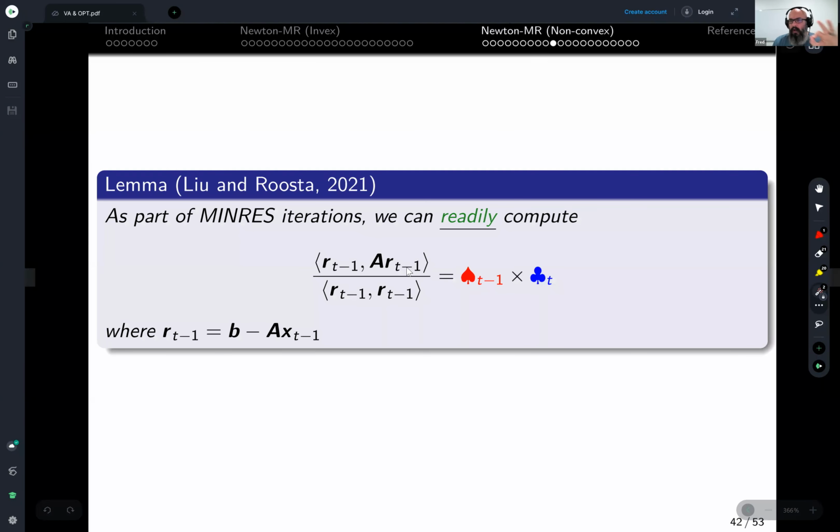It turned out that the quantity of interest in our approach is a sort of Rayleigh quotient, which involves the matrix and the residual of the MINRES iteration from the previous iteration. It turned out that we can compute this. This quantity doesn't appear naturally within MINRES, so MINRES doesn't compute it automatically, but it gives us two factors, one in the current iteration and one scalar from the previous iteration, and if you multiply these two scalars together, we can exactly compute this quantity of interest.